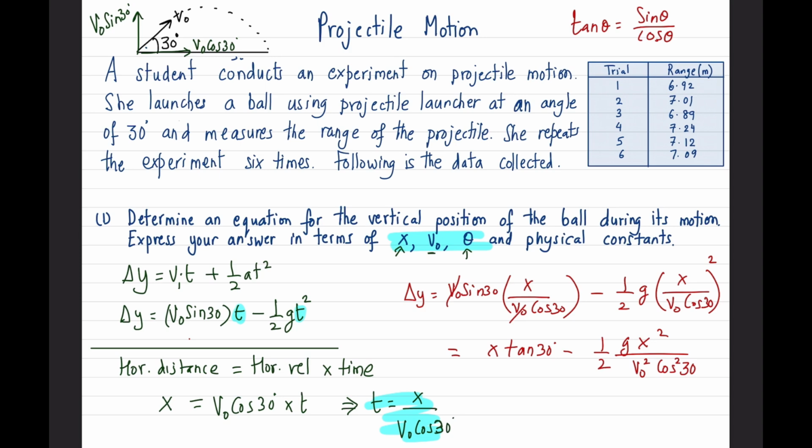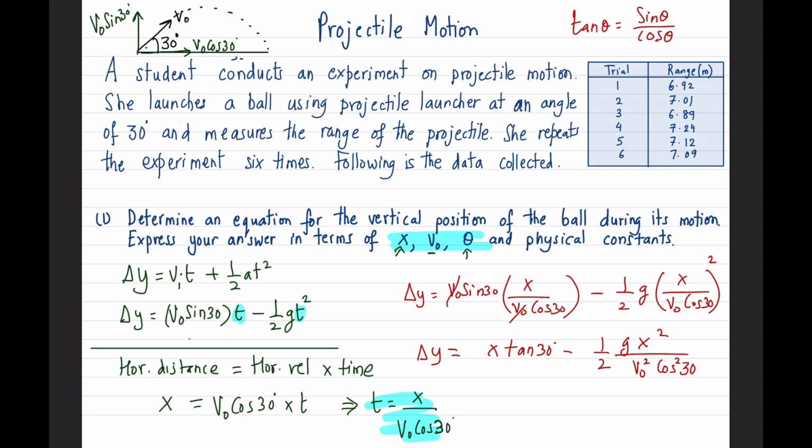If you want, you can keep the bracket closed, that's also fine. But we have now got the equation for delta y, that is the vertical position, in terms of x, v0 and theta. Okay, we can do one more thing. Theta is not there yet.